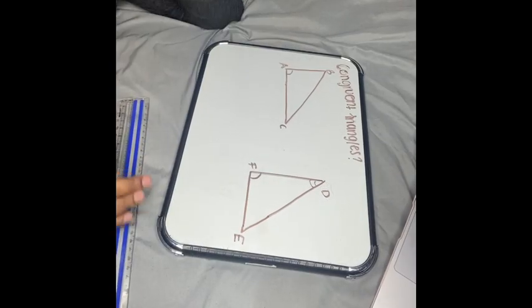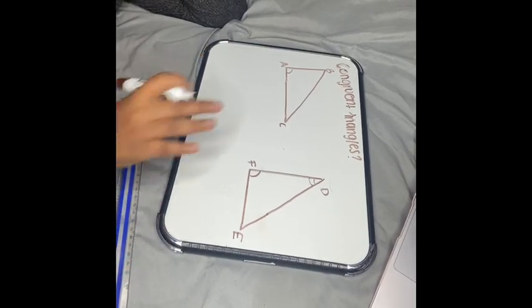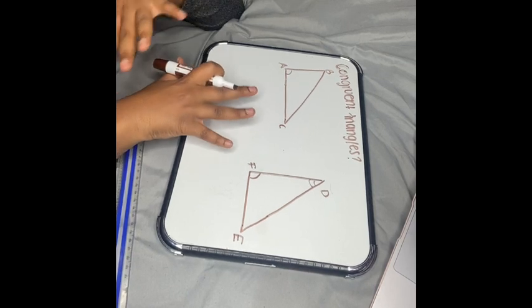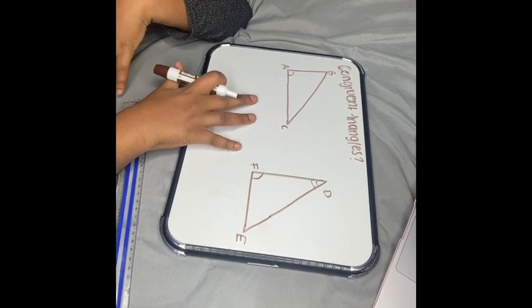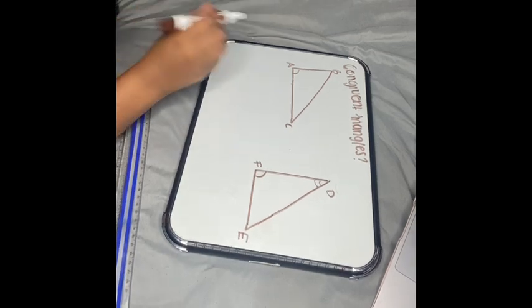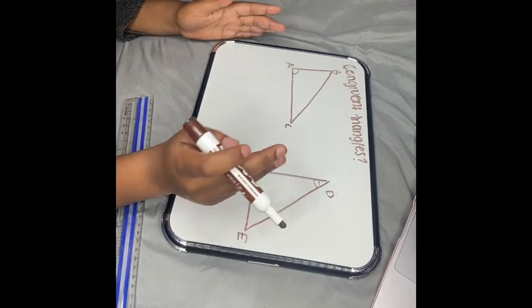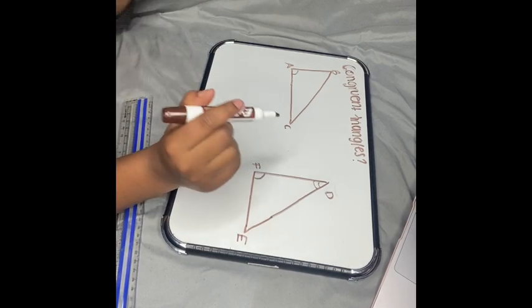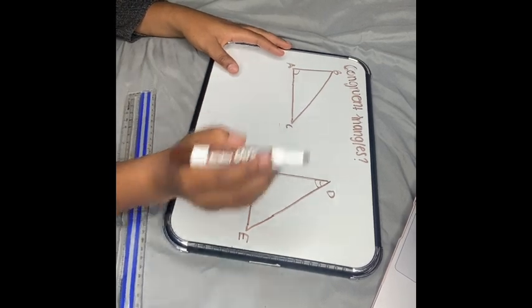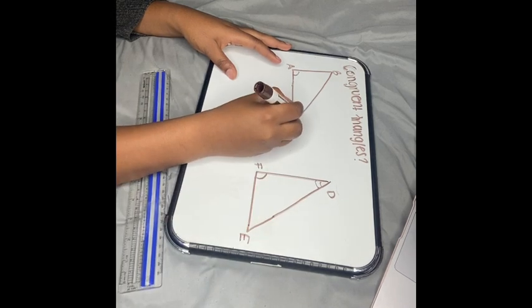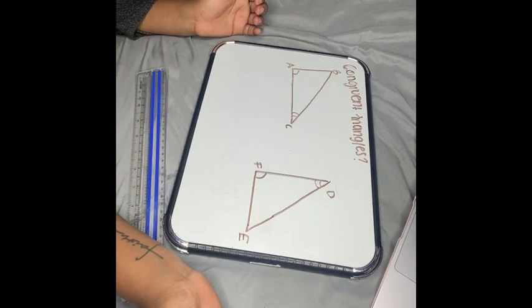Okay, so now we're going to talk about congruent triangles. So just because these two triangles look the same does not mean that they are the same. But angle A and angle F, if these were congruent, would have congruent angles. Angle C and angle D would have congruent angles.